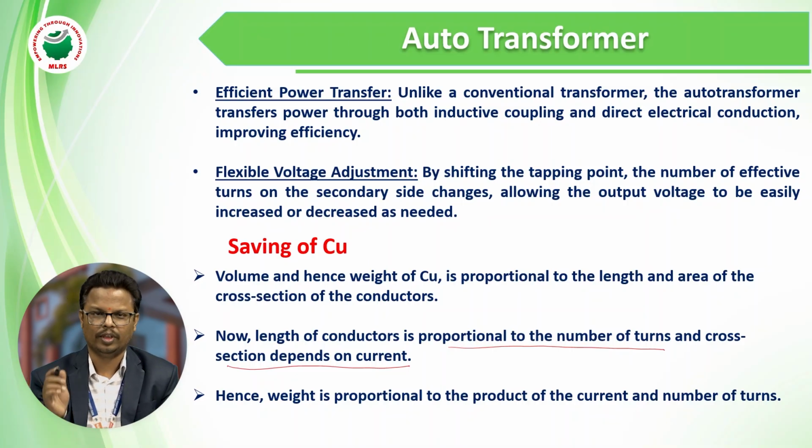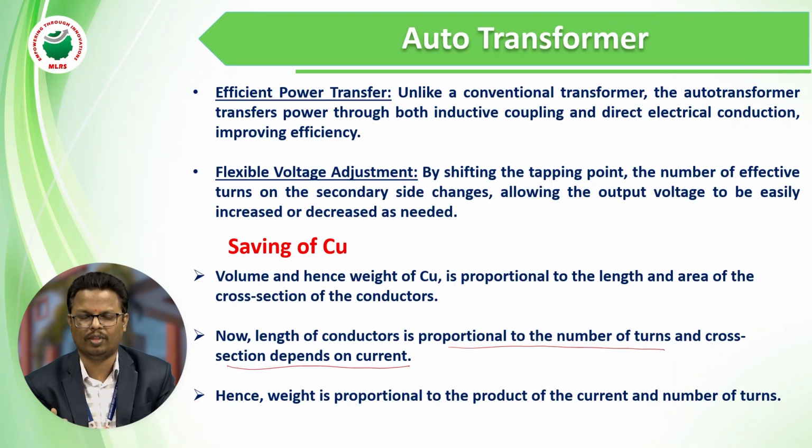If its cross-sectional area is more, then it will be thick, so the weight will be more. If the number of turns is more, then the weight will be more. If the number of turns is less, then the weight will be less. So if you multiply the number of turns and the current, we will get the total weight.